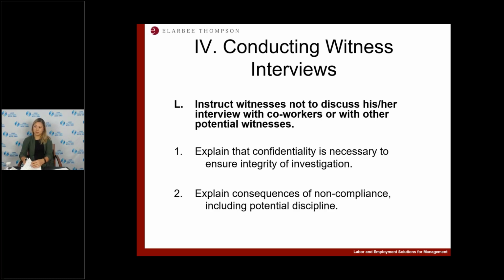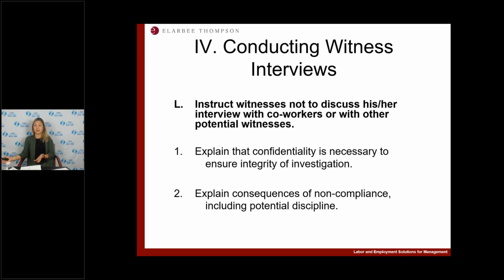Okay, so as I said, you cannot promise 100% confidentiality, but you should instruct your witnesses to not discuss the investigation, the interview. My go-to usually is, obviously supervisor or manager will know that someone is out of the office or in an investigation, but ask that the witness not discuss the specific questions or subject matter that was brought up during the interview.